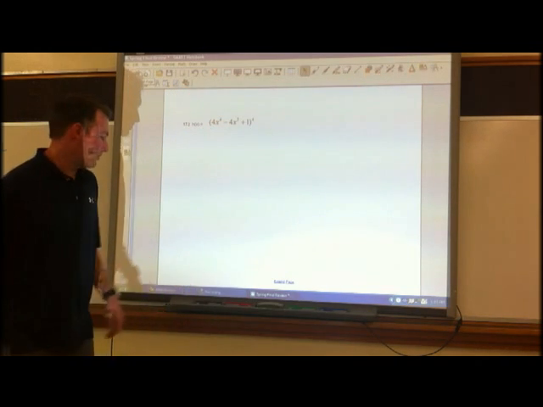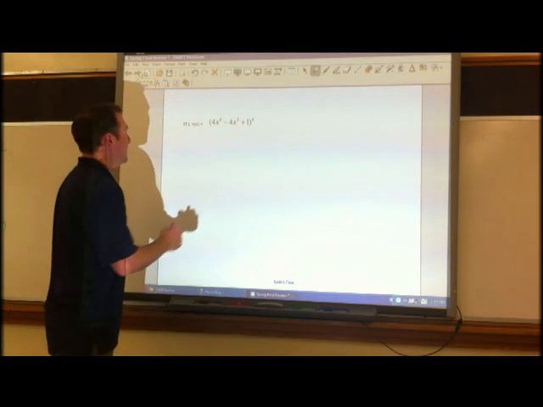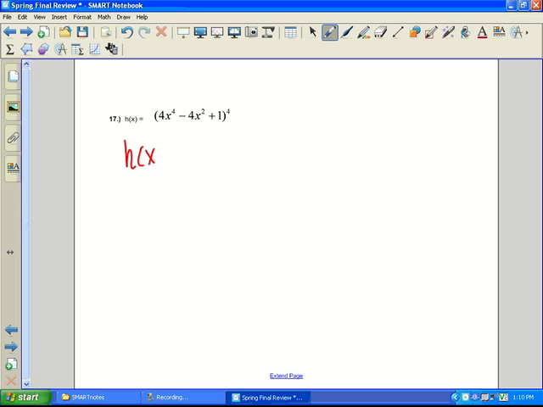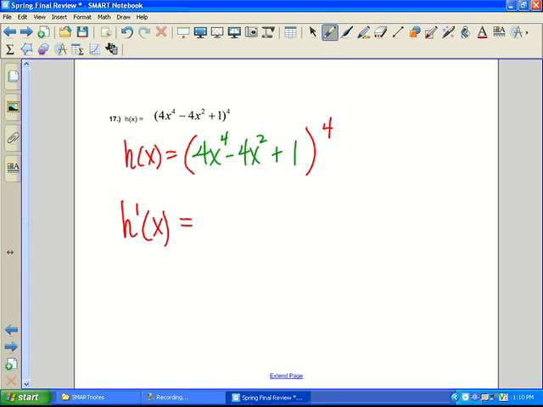Next up, we have a chain rule, because I have a function inside of a function. Let me rewrite this. Here's my outside part, something to the fourth. And then my inside part is 4x to the fourth minus 4x squared plus 1. So to find h prime of x, the idea is that I do the outer derivative first.